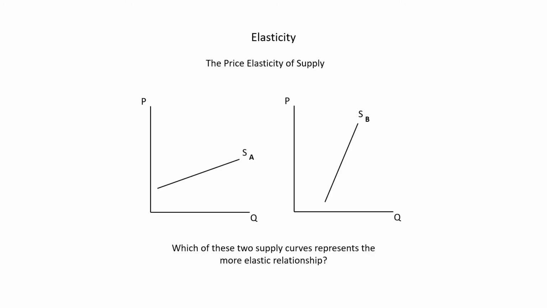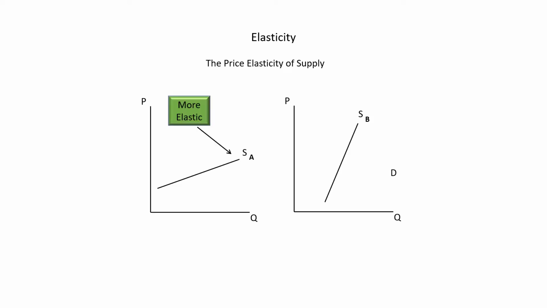Look at these two curves. Give it a moment and see if you can identify the more elastic supply curve. Okay, time's up. As it turns out, supply curve A is the more elastic supply curve. That's because a relatively small change in price results in a relatively large change in quantity supplied.